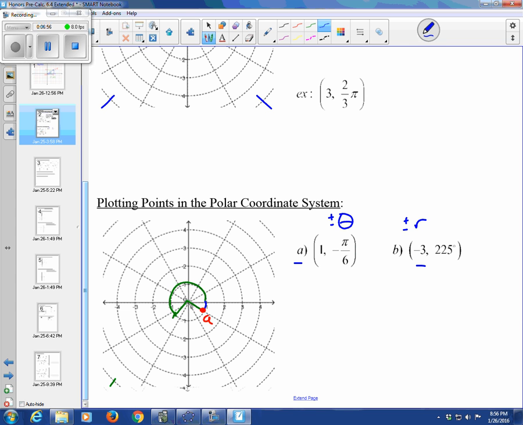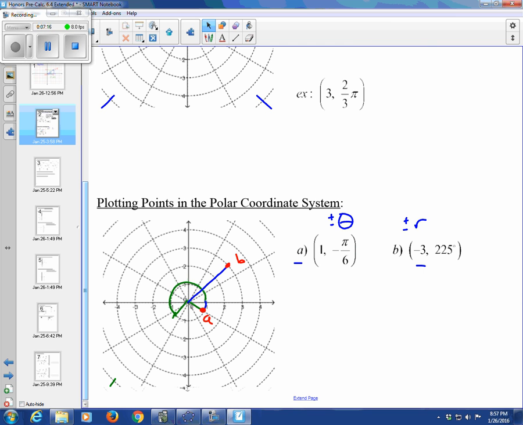So basically, we've rotated to the direction of 225 degrees, but we're not going to be moving in that direction because our r value is negative. We're going to be going in the opposite direction 3 units. And when we go in the opposite direction 3 units, we actually get this point right here in the first quadrant that we would say would be our point B.